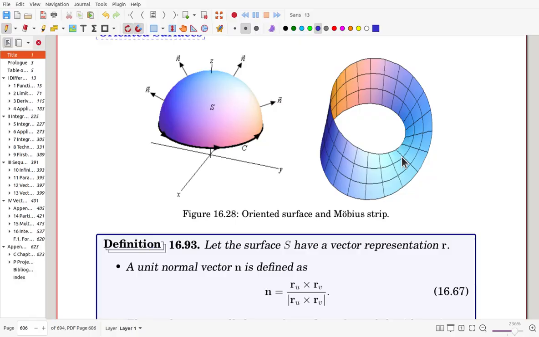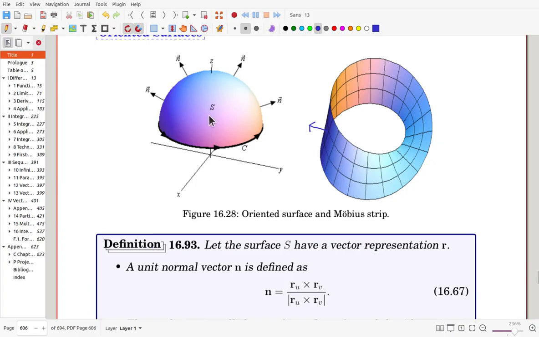If you start with a normal vector at this point and move along the surface, then turn around, the normal vector will be pointing to the inside, the other side, so the normal vector is not continuous, so it's not an oriented surface.